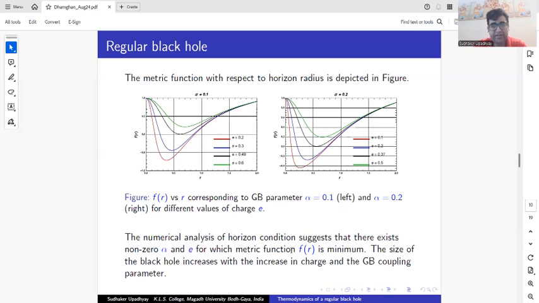You can see this f(r) is minimum, and the size of the black hole increases with increasing value of charge. If the charge is increasing, the black hole horizon increases, and also as the Gauss-Bonnet coupling parameter increases, the black hole horizon increases.